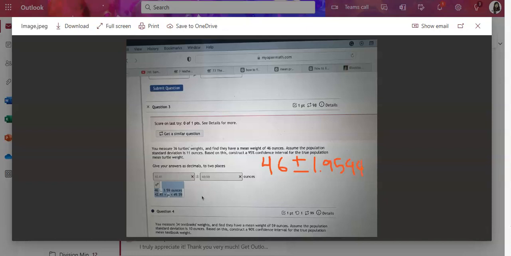And I'm not sure if it will continue to draw across this. I think it will. We'll see. Yeah, it does. And then the standard deviation is 11 over the square root of our sample size, which was 36.